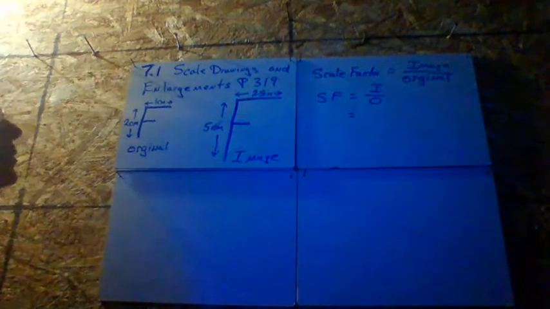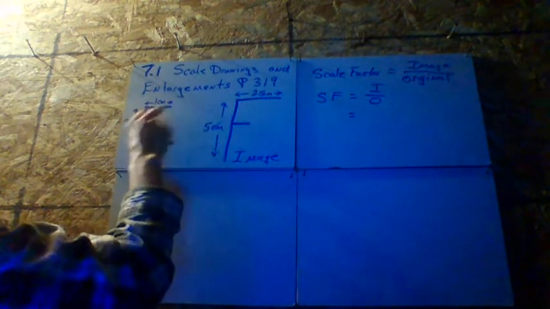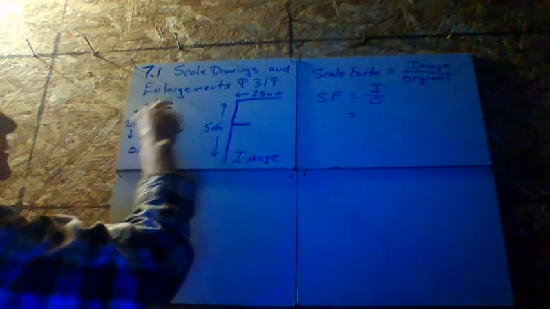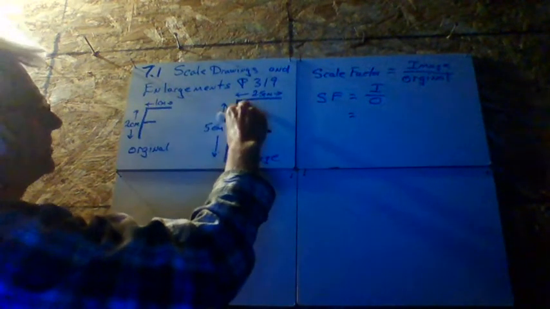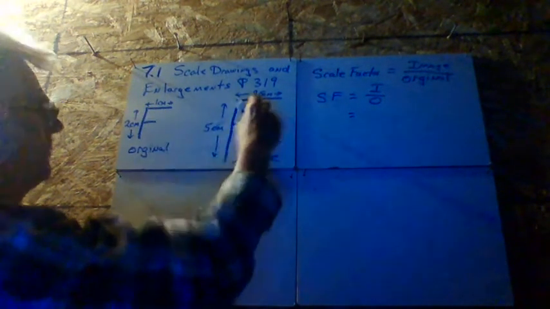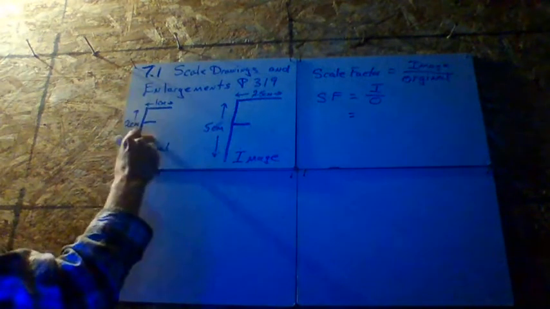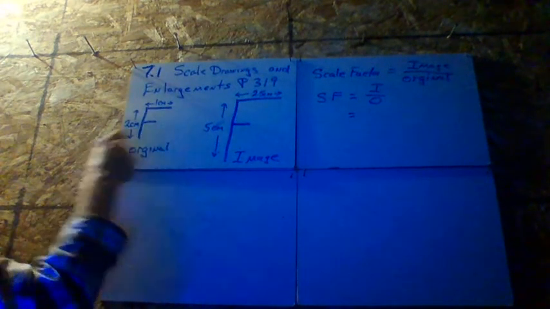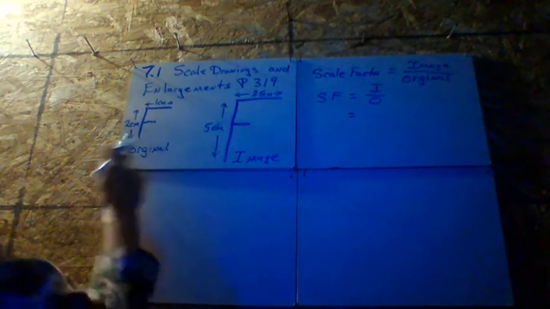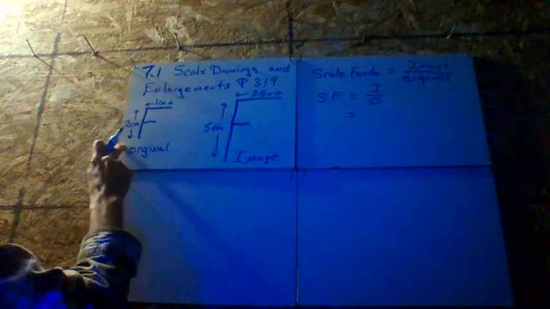you have to look at corresponding parts of it. For example, this part here, the 1 centimeter corresponds to the 2.5 centimeters. The top's the top. Or I can use the height. The height of this is 2 centimeters, and the height here is 5 centimeters. So on my original I'll pick this 2 and put the 2 on the bottom.